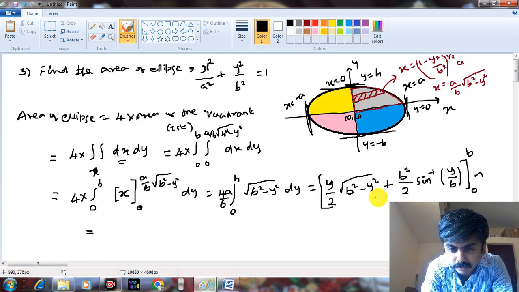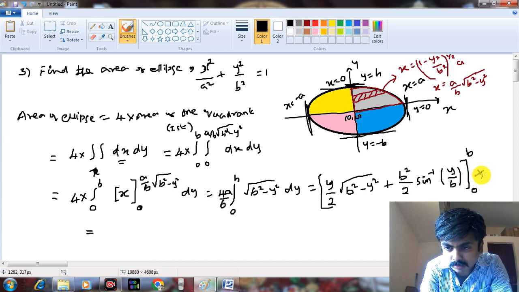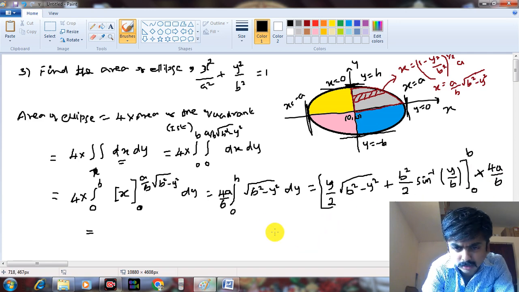Okay, now after substituting b, the first part will become 0 and the second part will become b square by 2 sin inverse of 1, into 4a by b.